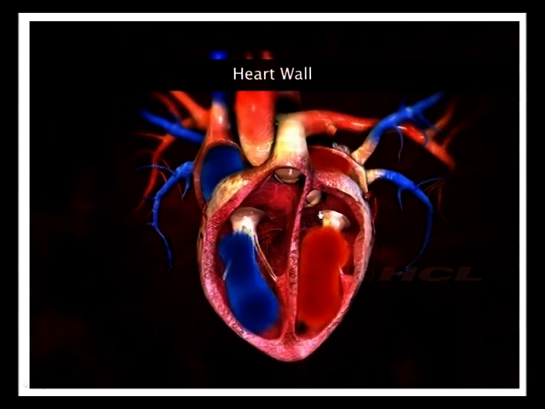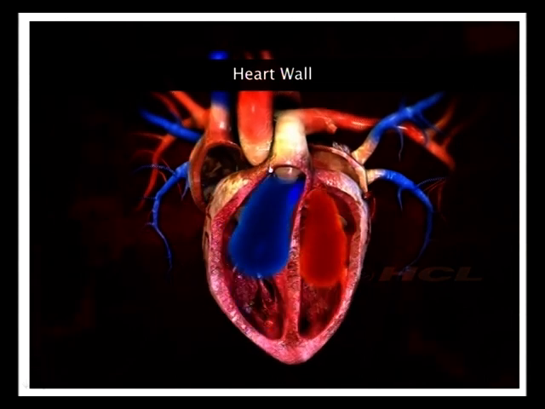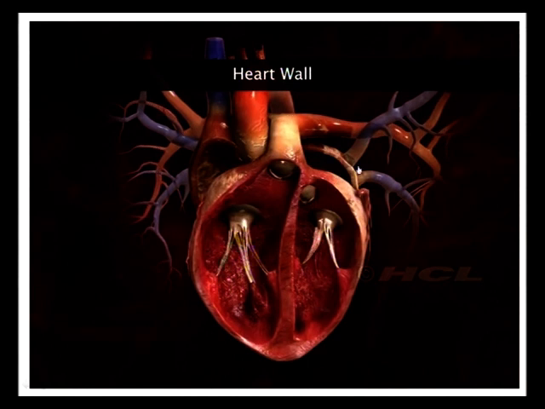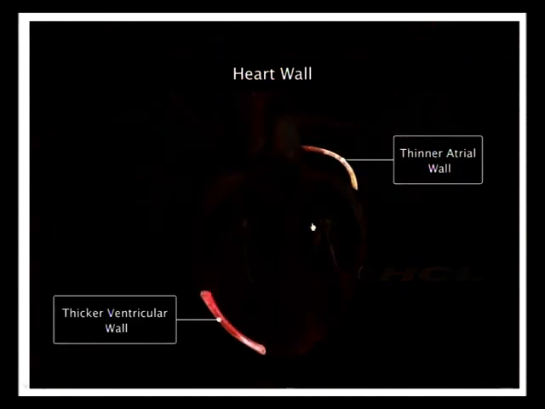Yes. Now the heart wall. Look here, Tswreis. We already discussed that the atrial wall is thinner and the ventricular wall is thicker. So the ventricular wall is thicker than the atria. Why is it?